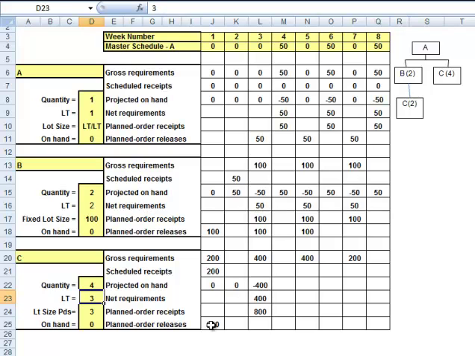So when will those actually be finished? This planned order receipt quantity is not going to happen in time period 3. It's going to happen in time period 4 because it takes 3 time periods. Now I'm doing forward scheduling. 1, 2, 3. That's when it's going to be completed, in time period 4.